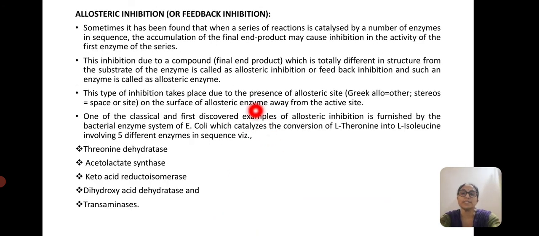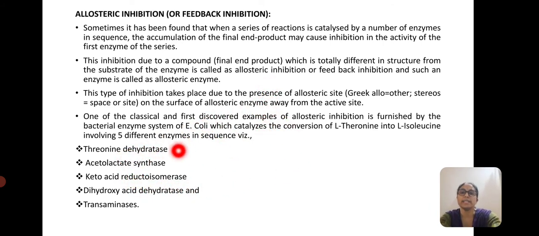And the last one, that is allosteric inhibition or feedback inhibition. As I was telling, the last product of the biochemical reaction, that itself is going to act as a controller or regulator of the first enzyme in the sequence. It will go and bind to the first enzyme.